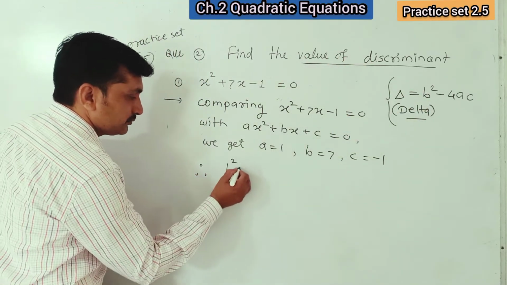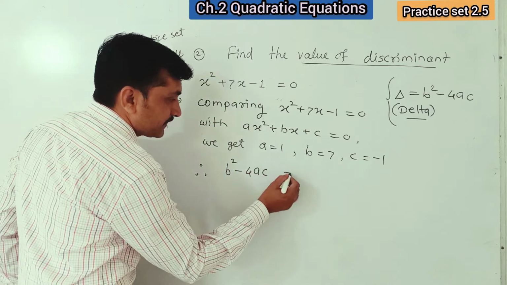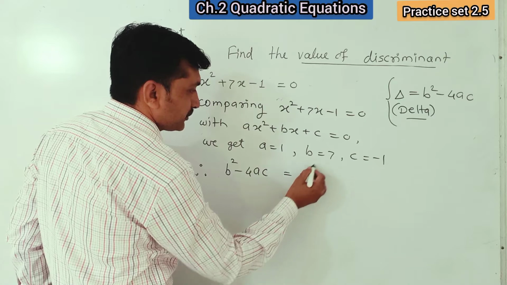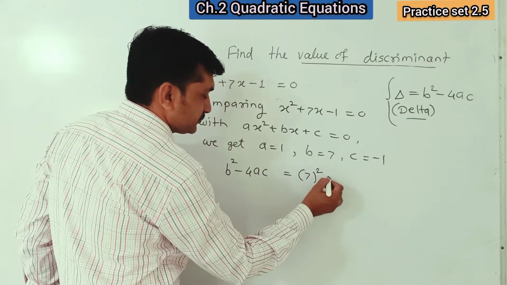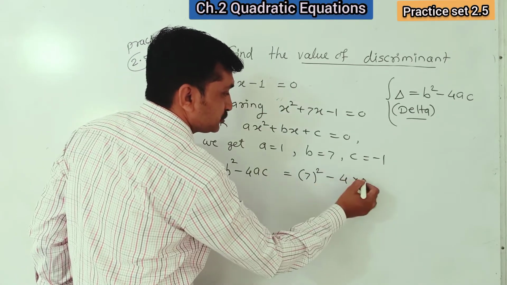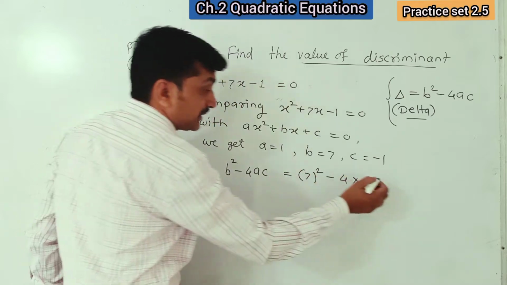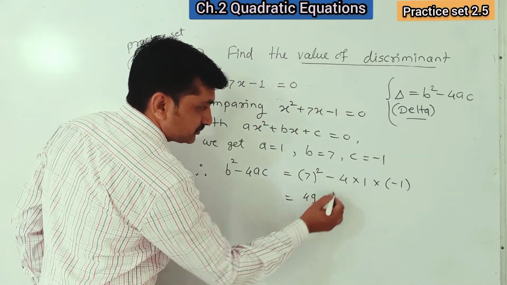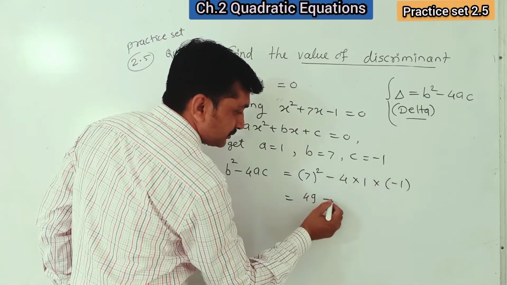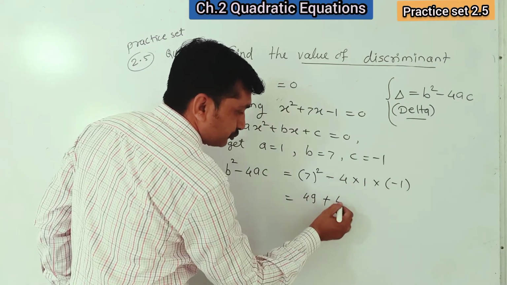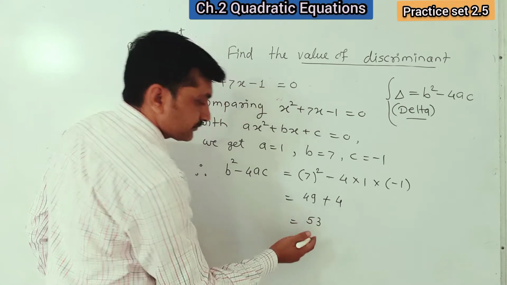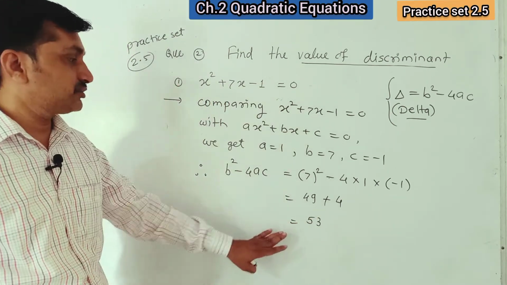Put values here: 7 bracket square, minus 4 multiplied by 1 multiplied by minus 1 in bracket, is equal to 49, minus into minus is plus, 4 ones are 4, and the addition is 53. Finished. And this is the value of discriminant.